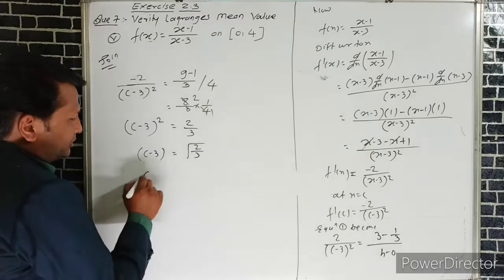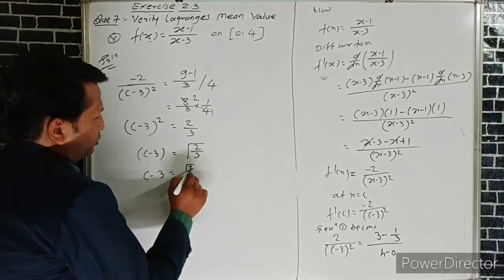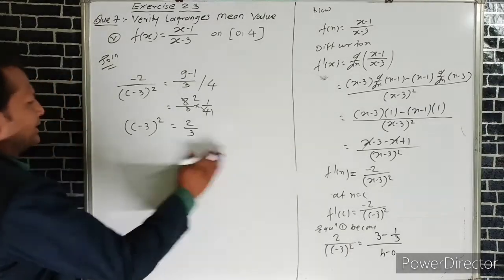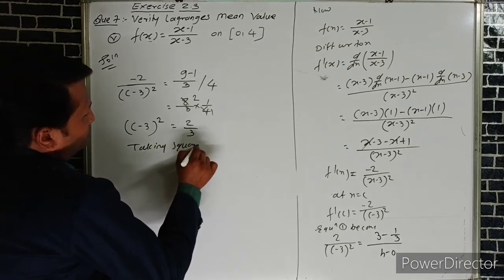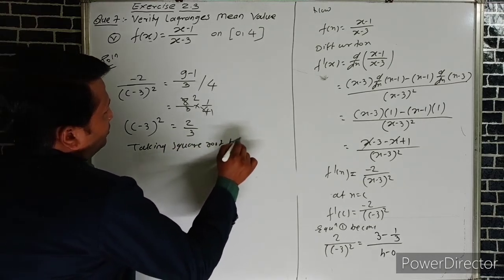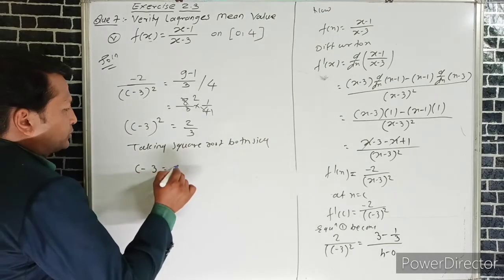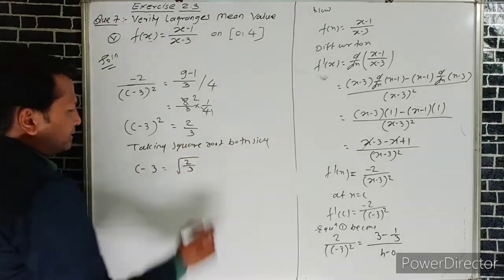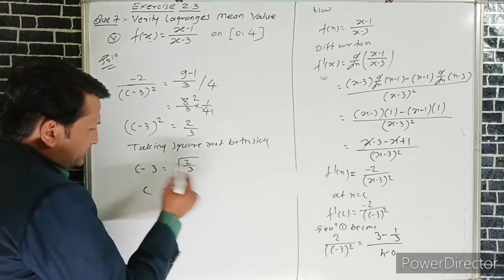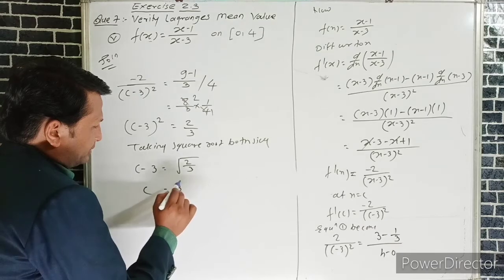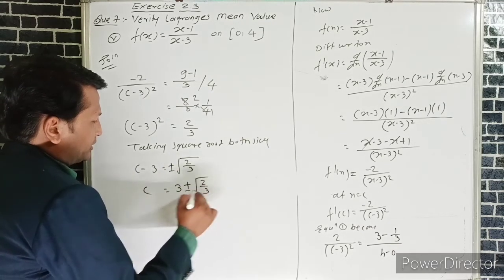So c minus 3 equals plus or minus under root of 2 by 3.